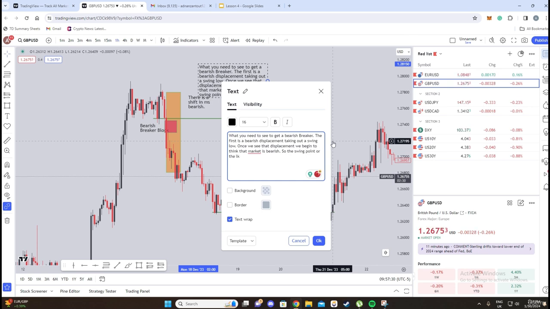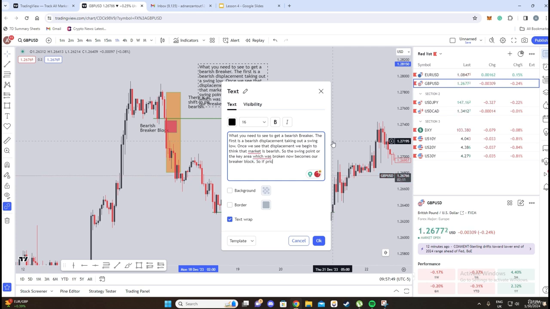So the swing point or the key area which was broken now becomes our breaker block.